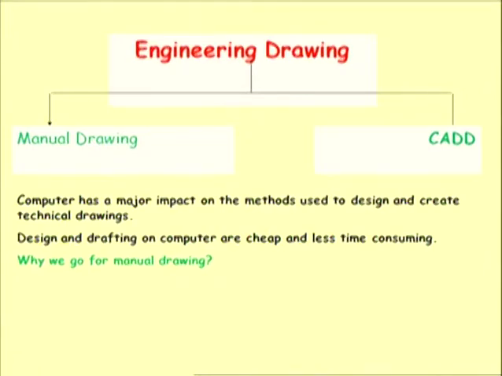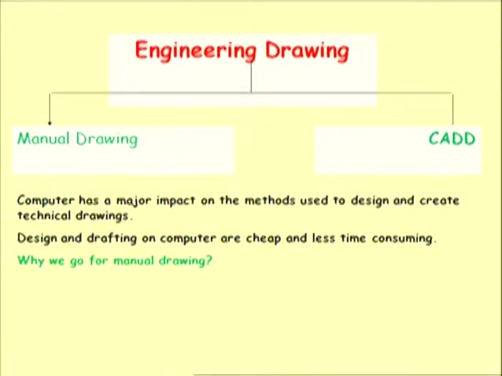So in drawing also, computer aided drawing and design softwares are available. For example, AutoCAD is there. So many students may also be conversant with AutoCAD. They will feel that why we should use the manual method, why we should use pencil and paper when we can prepare the drawings using AutoCAD.